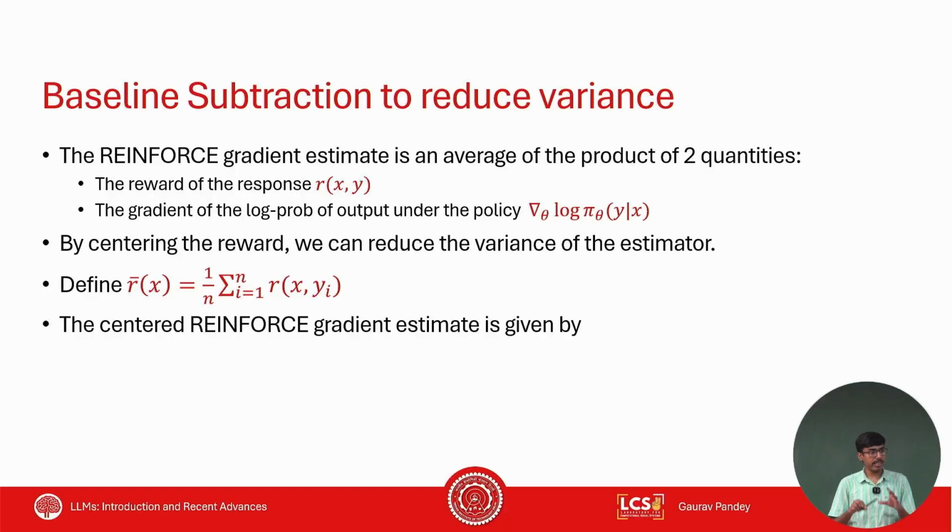That can have very high variance, but one way to reduce variance, and this is the simplest way, is to compute the average of the reward and subtract it. So let's say you had sampled 8 outputs. You can take the average across those 8 outputs and subtract the average from each reward and then multiply by the gradient.